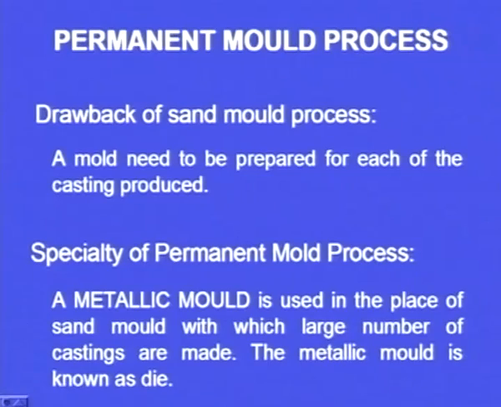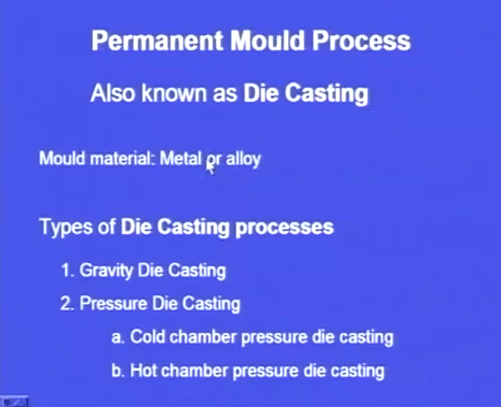Thus, we can make thousands of castings using a set of metallic moulds. This is the special feature of the permanent moulding process, and this permanent metallic mould is known as the die. So, the permanent moulding process is also known as die casting, and the mould material is metal or alloy.